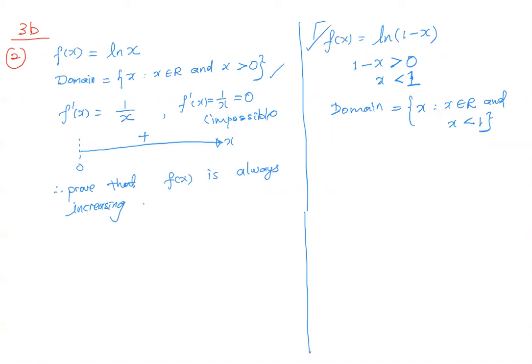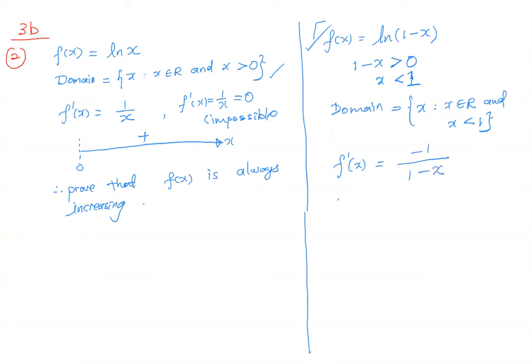You got the domain already? For which function? Ln of 1 minus x, the one at the right. Okay. So how is your f prime x? Negative 1 over 1 minus x, sorry. Yeah.